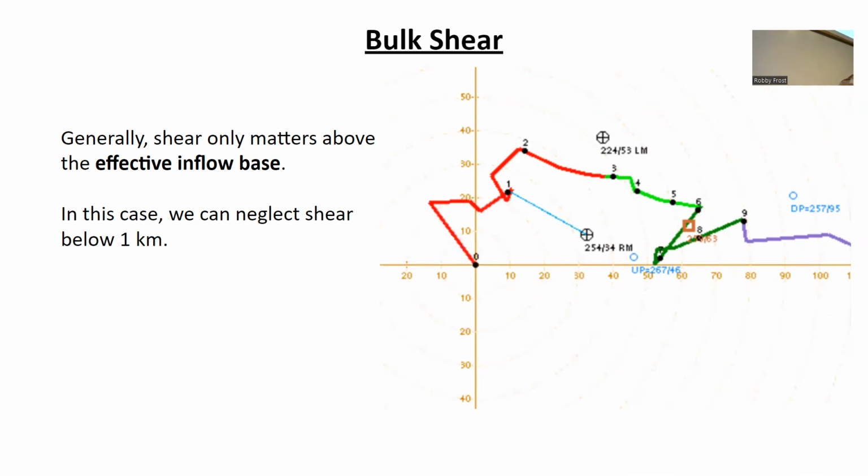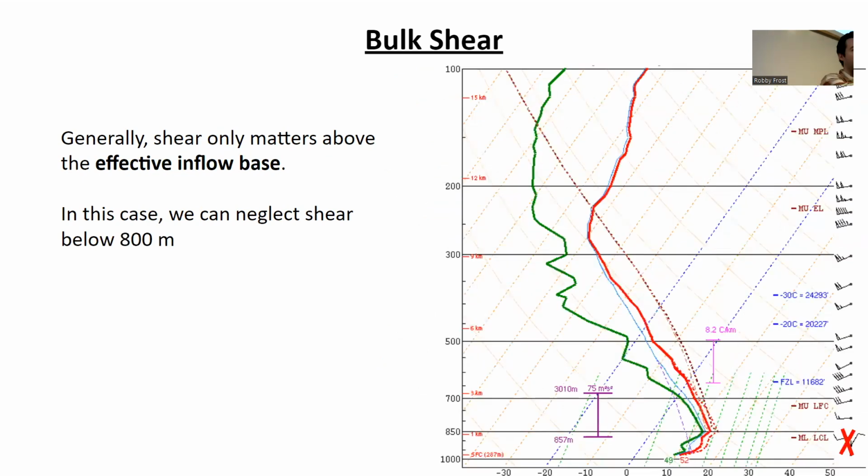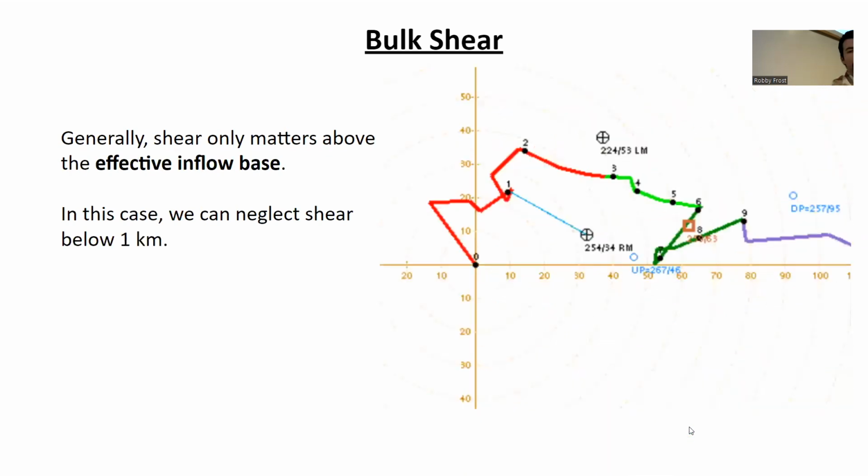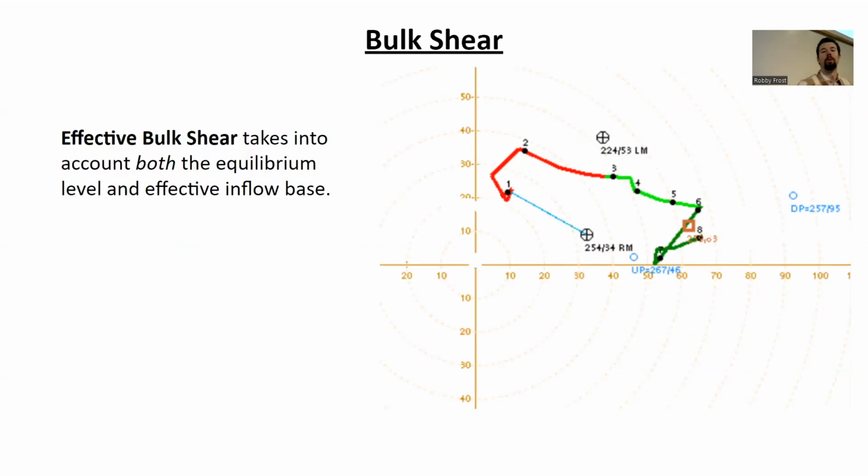In these environments where you're elevated above a stable layer, especially when your stable layer is strong, we're probably not going to be worrying about that shear very much. What effective bulk shear does, if you've ever seen this on a plan view like the SPC mesoanalysis, is take into account both of these things: our equilibrium level and our effective inflow layer base.